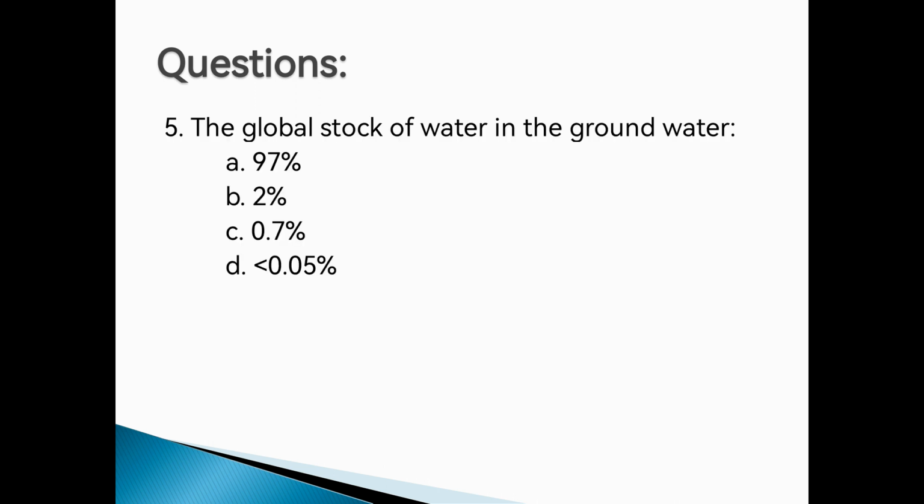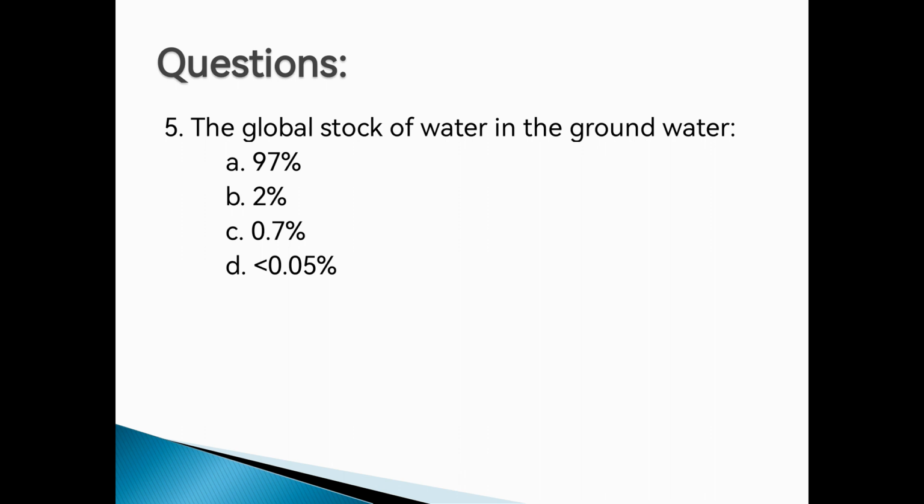Capillary. Question number 5. The global stock of water in the groundwater, A. 97%, B. 2%, C. 0.7%, D. less than 0.05%.